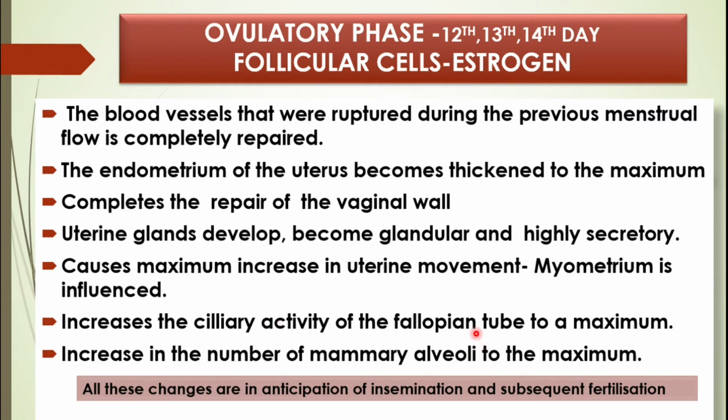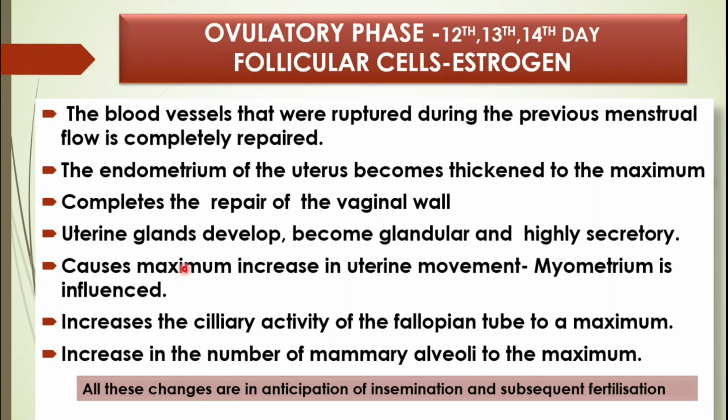So the ovum is moving through the fallopian tube to the ampullary isthmic junction, and the sperm is also moving towards the ampullary isthmic junction. So there are possibilities of fertilization. So during the ovulatory phase, all these changes are maximized in anticipation of insemination.